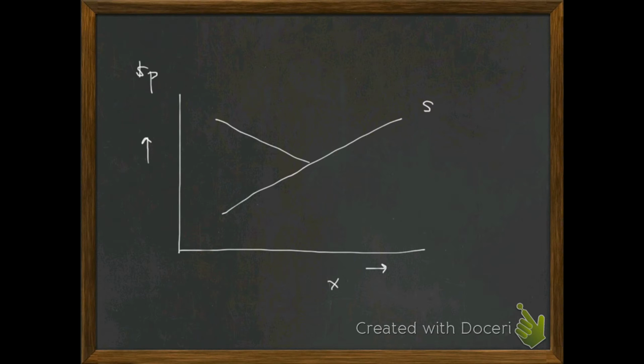The demand function, on the other hand, is going to have a negative slope, because in the simplest case imaginable, consumers are going to buy less as the price goes up.